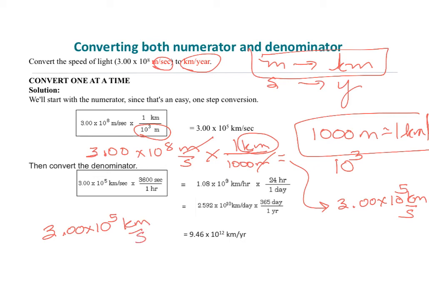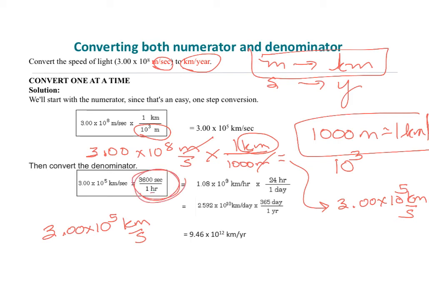And let's see, I need to convert seconds to years. Yeah, most people don't have that memorized. So we're going to have to go seconds to hours, hours to days, days to years.